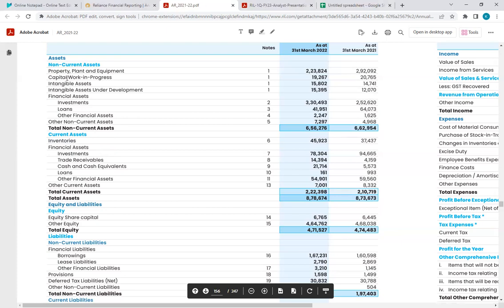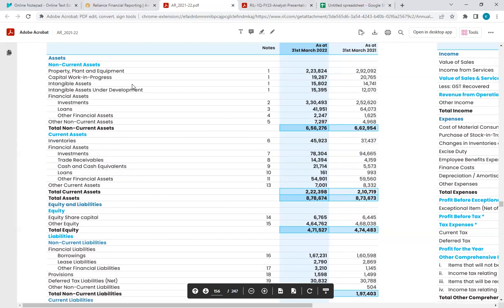Like that, the assets which are not convertible to cash within 1 year are denoted as non-current assets. And any asset which can be converted into cash immediately or at max within 1 year is denoted under current assets.